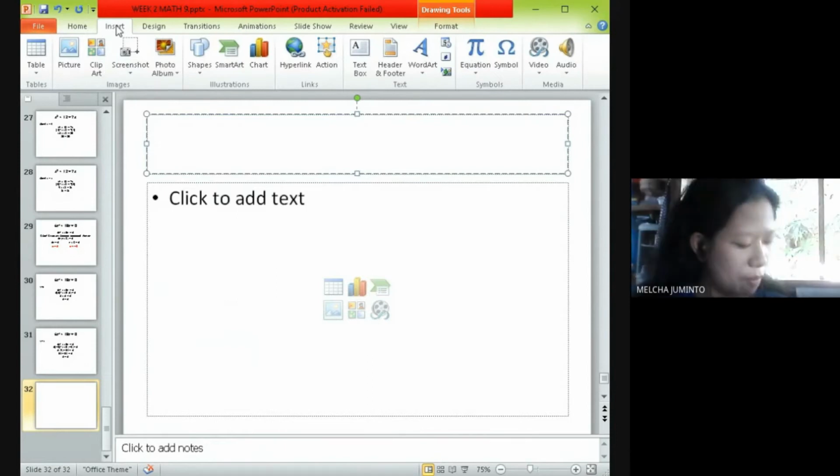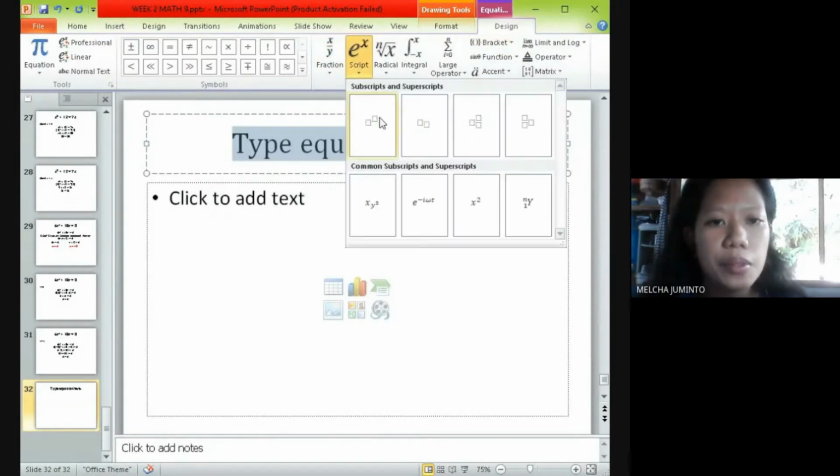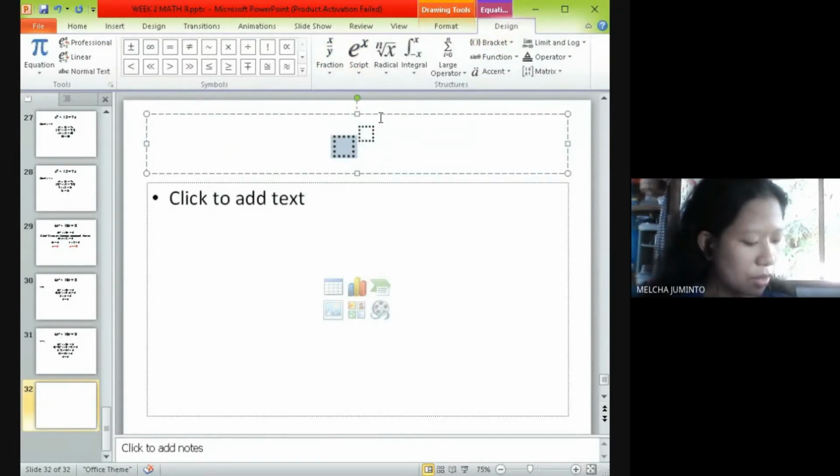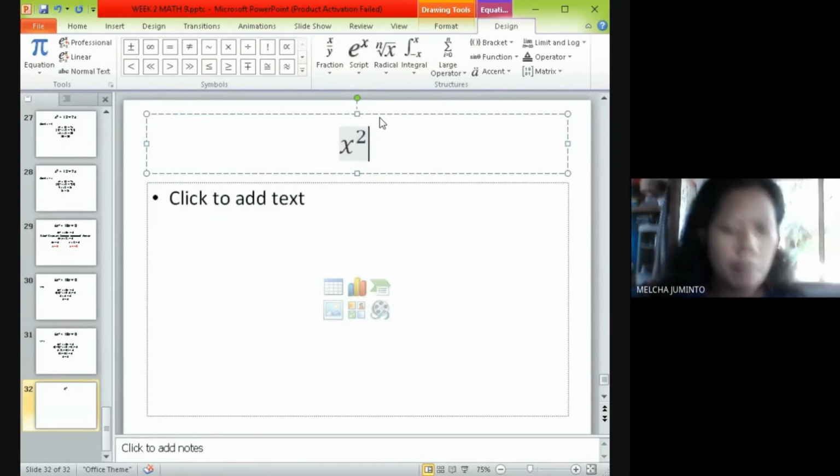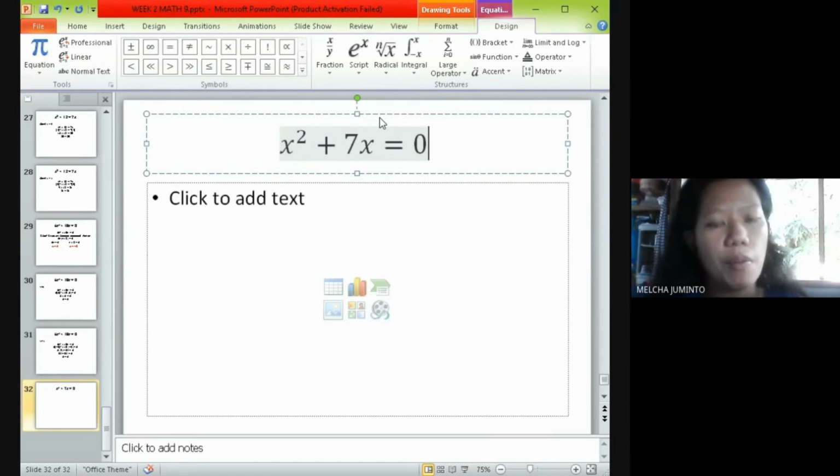Let us solve number 1 on page 31. This is the given problem in the book: factor, then solve. Solve the following quadratic equations by factoring. The problem in number 1 is x squared plus 7x equals 0.